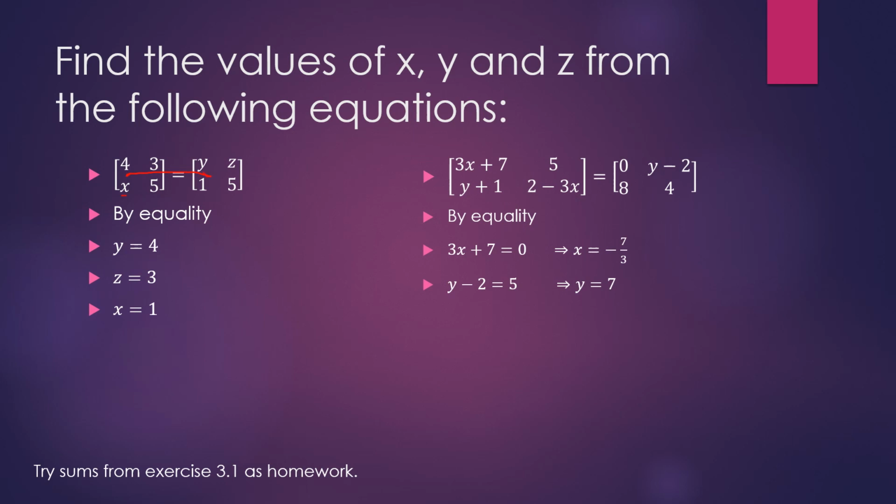Then here this is x and here it is 1. So this 1 and x must be the same. Then similarly here it is 3 and here we have z. So z should be equal to 3. Similarly, again these two matrices are equal. So 3x plus 7 should be equal to 0. 5 should be equal to y minus 2. So if I simplify these two equations, I get x as minus 7 by 3 and y as 7.